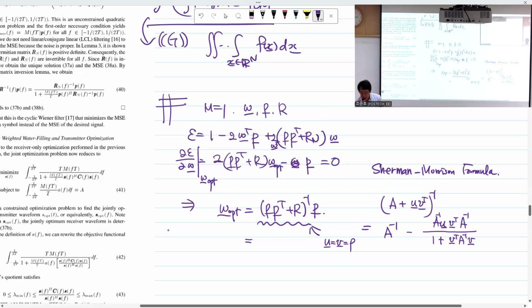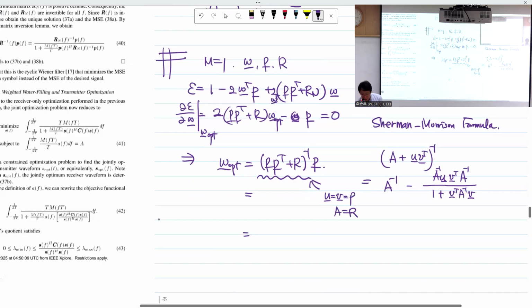And A equals R. So let's do the computation. We have Rn, if I remember correctly, Rn inverse minus 1 plus P transpose Rn inverse P, Rn inverse P, P transpose Rn inverse.